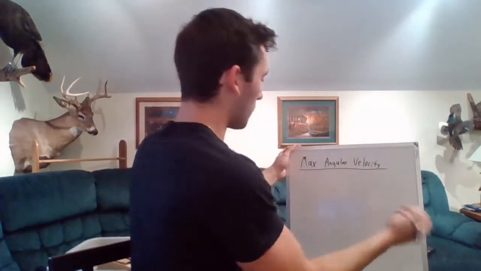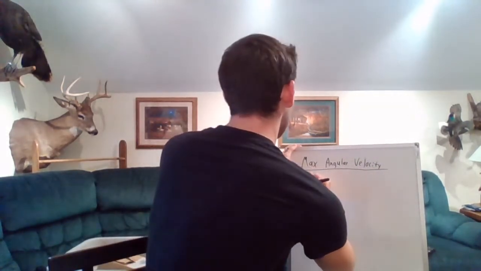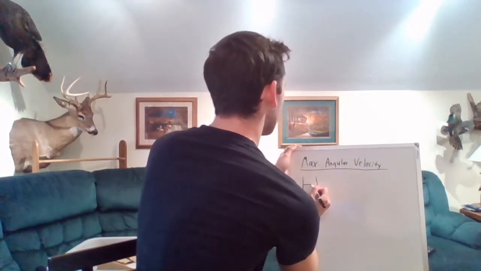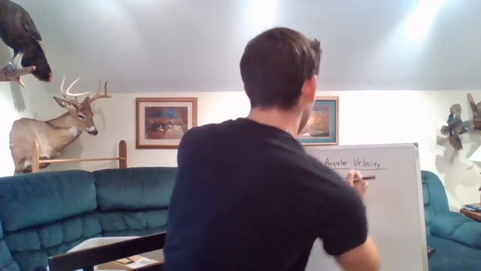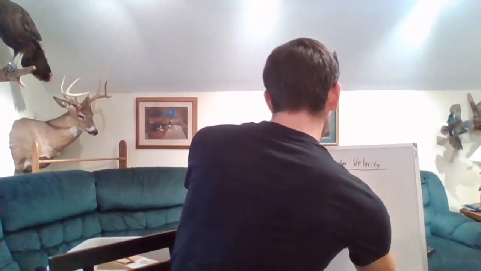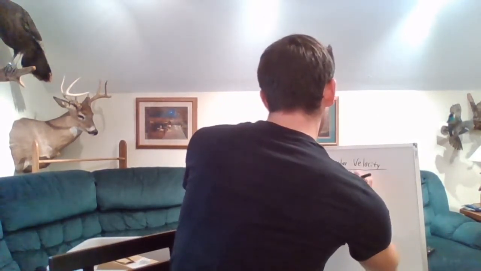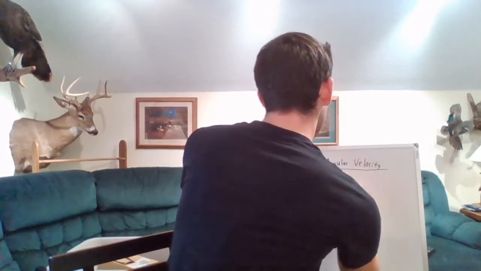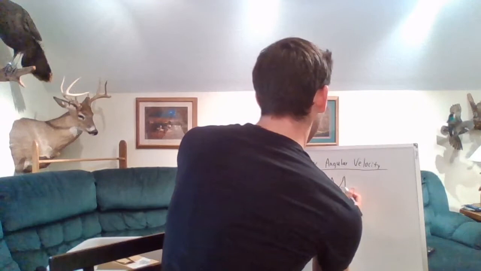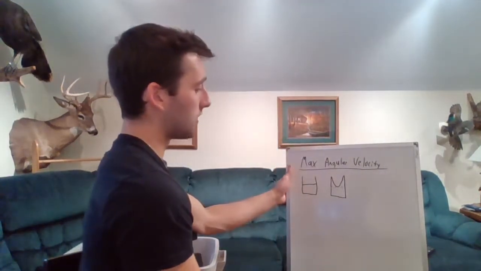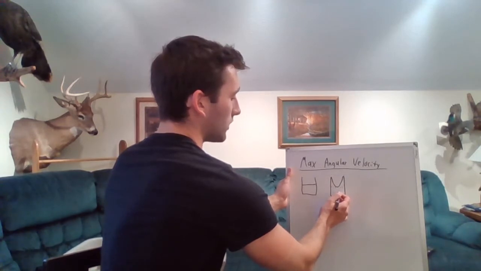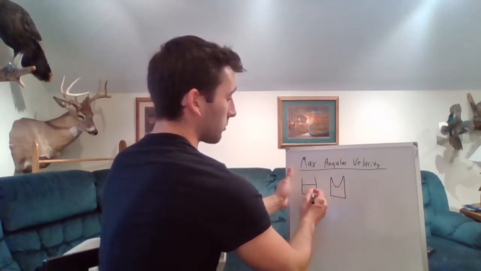One more thing to note is that you have your cylinder here, and while it's spinning, the volume of liquid down here is equal to the volume of liquid here.